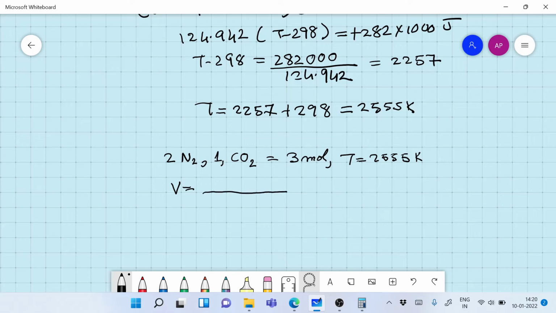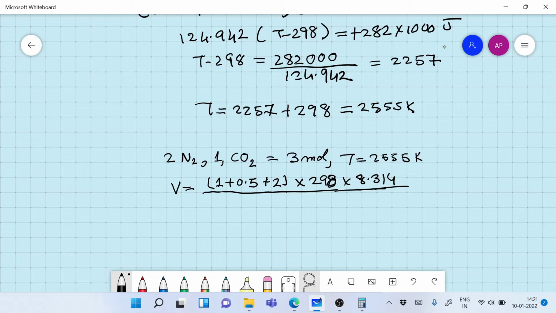The volume can be found out from the initial conditions, which is 1 mole of carbon monoxide plus 0.5 moles of oxygen plus 2 moles of nitrogen into 298, which was the temperature, into R, 8.314, divided by the pressure.